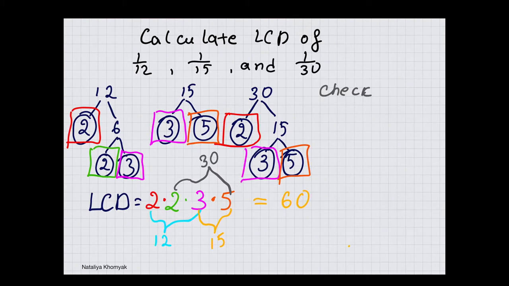To check, we want to make sure that 60 can be divided by 30 evenly. We also want to make sure that 60 can be evenly divided by 12 and by 15. 30 goes into 60 2 times, 12 goes into 60 5 times, and 15 goes into 60 4 times.